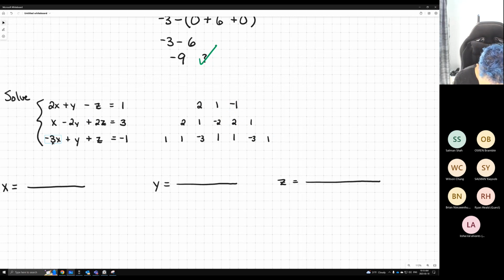So if I go down to the right with the first one, that's just going to be -4. Plus, down and to the right again, that's going to be -6. Down and to the right again, that's going to be -1.